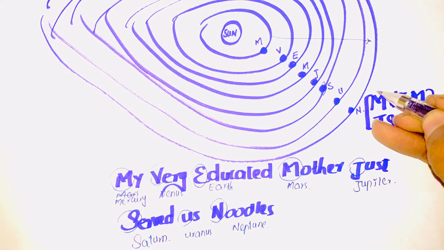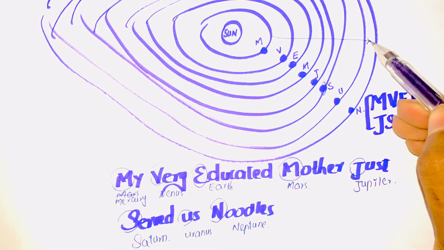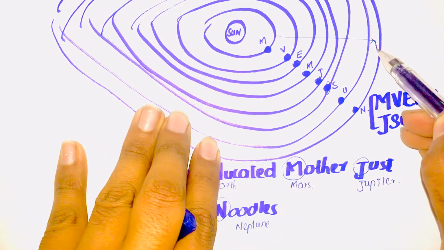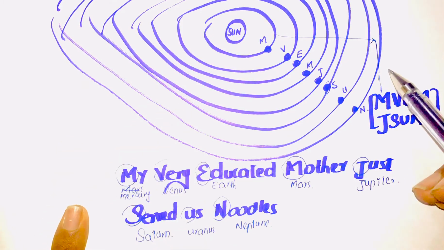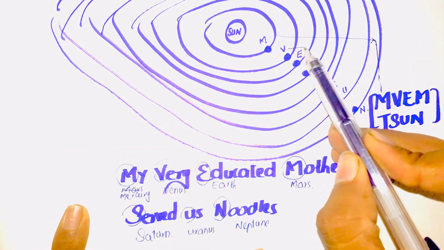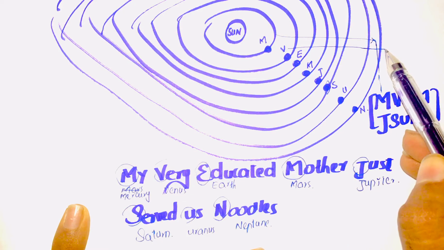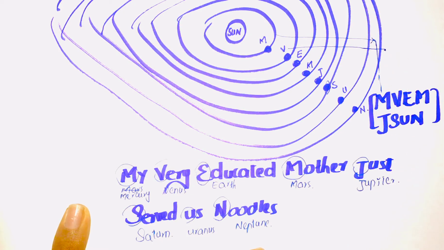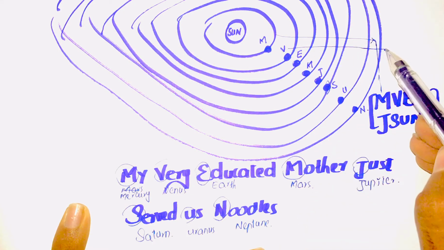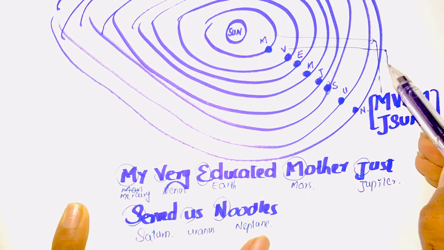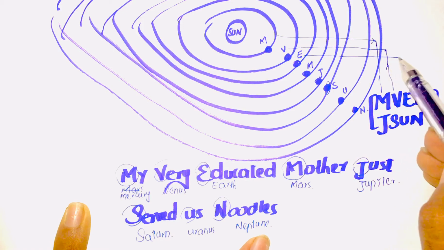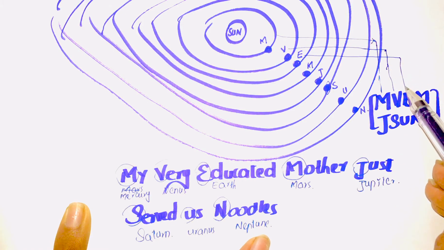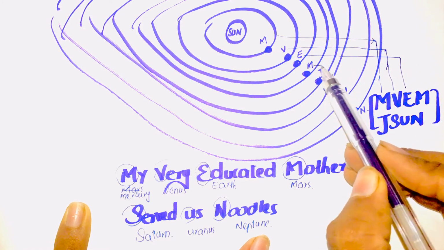This M is for Mercury. This V is for Venus. E is for our planet Earth, the most beautiful planet.